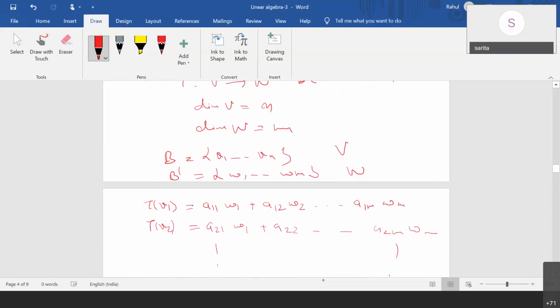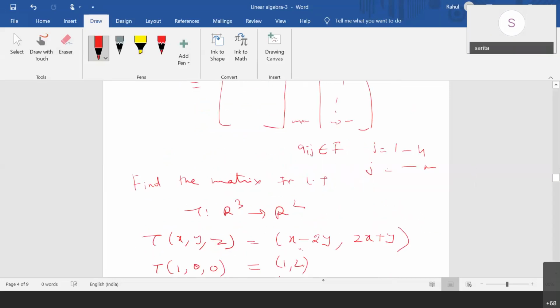So if you have a linear transformation from V to W, any element T(v1) can be written as a linear combination of w1, w2, up to wm. If this is a standard basis, then this becomes very easy, because you write T(1,0,0) as a linear combination, and writing (1,0,0) is easy. Now if it is a non-standard basis, we are using the same thing: you write T(v1) as a linear combination of these.